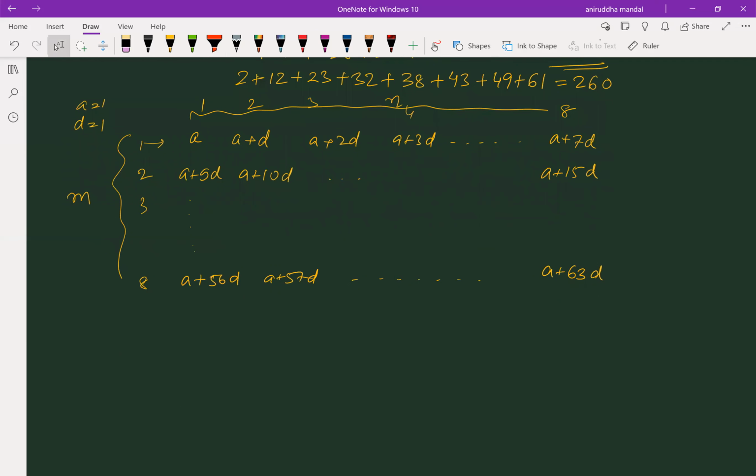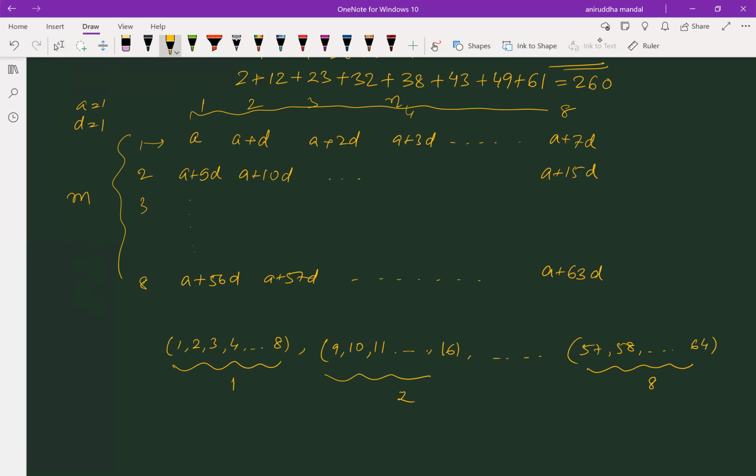In the first row there are 8 numbers, 1 2 3 4 up to 8. Then 9 10 11 and so on up to 16 is the second row, and so on, and the last row is 57 58 and the last number is 64. This is the eighth row.